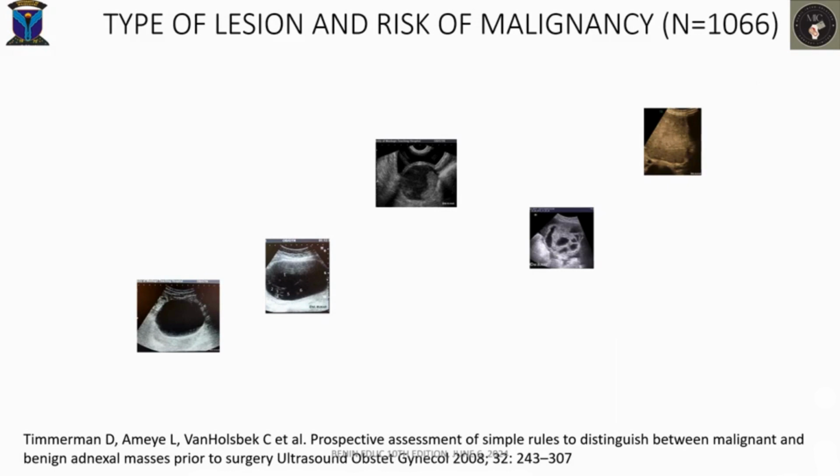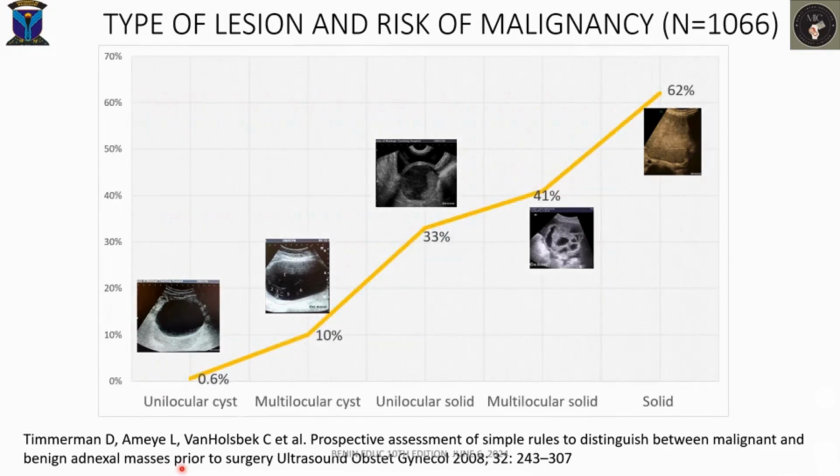Now, why is it important that only unilocular cysts are considered in the benign descriptors and its modification? This is because when it is a unilocular cyst, the risk of malignancy is less than 1%.